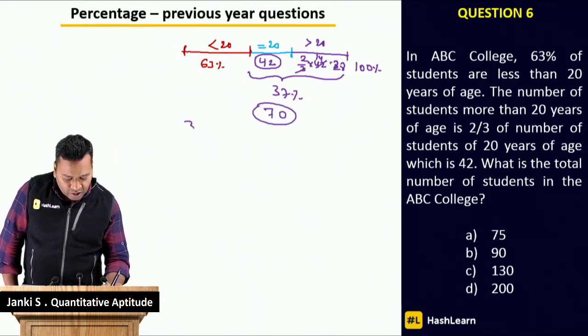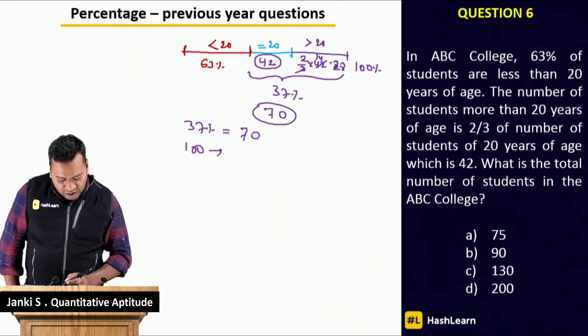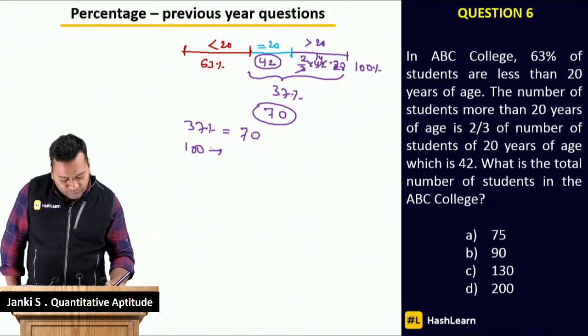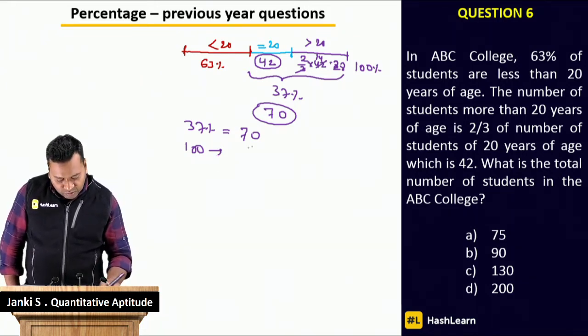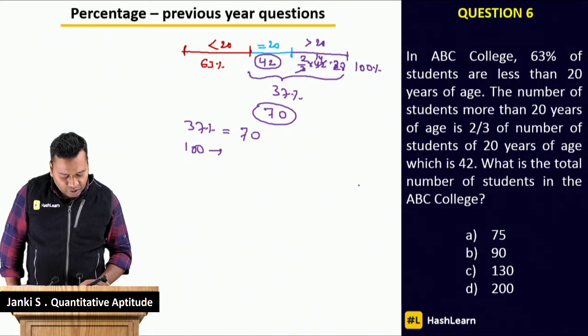So 37% should represent 70. How much is 100%? Basically it's almost 3 times the value. If I take 37% as 70, I will not get an integer, so I should go for the nearest value possible.